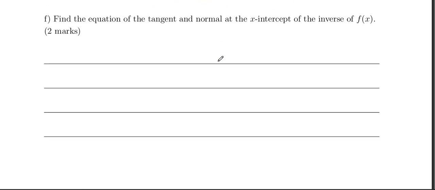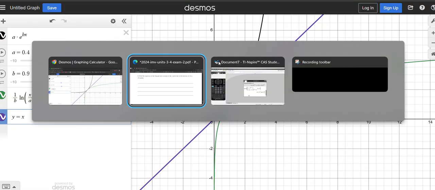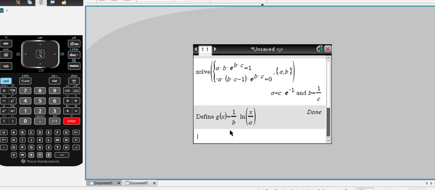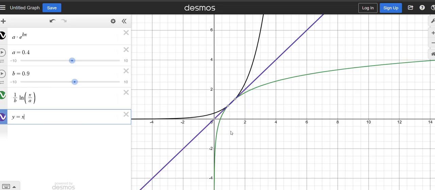Find the equation of the tangent and normal at the x-intercept of the inverse of f of x. Okay, so x-intercept of the inverse of f of x. So let's define g of x is equal to 1 over b times ln of x on a. And finding the x-intercept is at x equals a, I think, because that's the x-intercept. Yeah, x equals a.